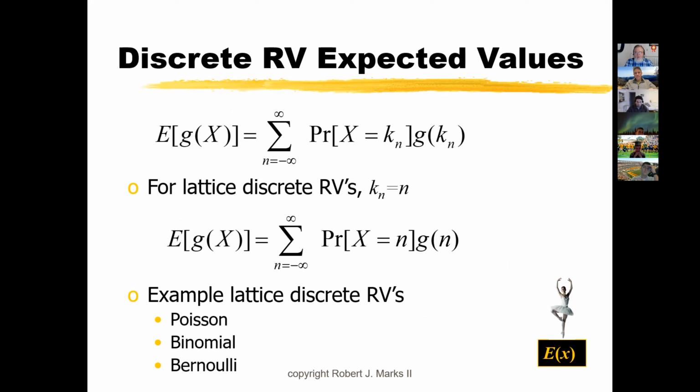Now, if you have a discrete random variable, and we deal with discrete random variables when it suits us, we have probability masses here. This is a probability mass function. And the probability that x is equal to x sub n is equal to something.